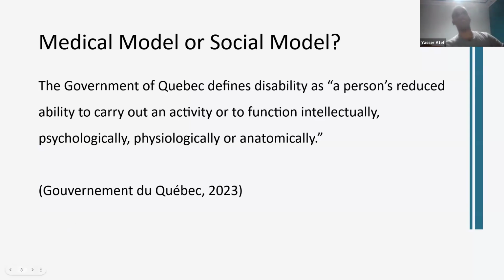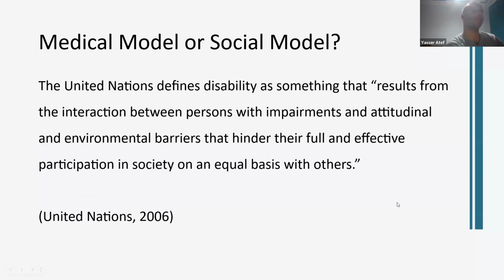The other definition that we're working with is the United Nations', which defines disability as something that results from an interaction between persons with impairments and attitudinal and environmental barriers that hinder their full and effective participation in society on an equal basis with others.